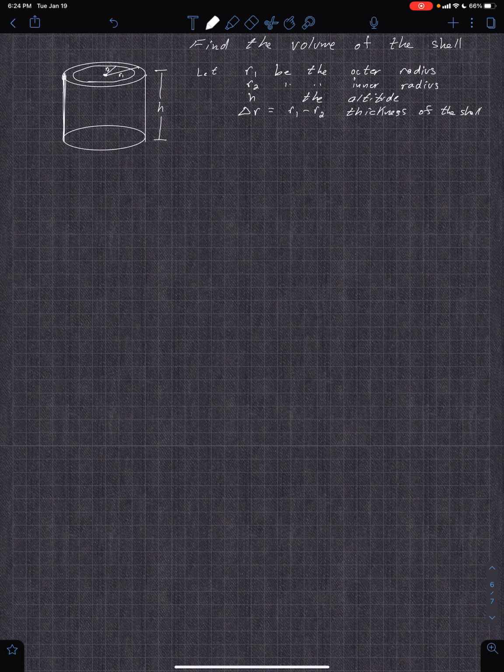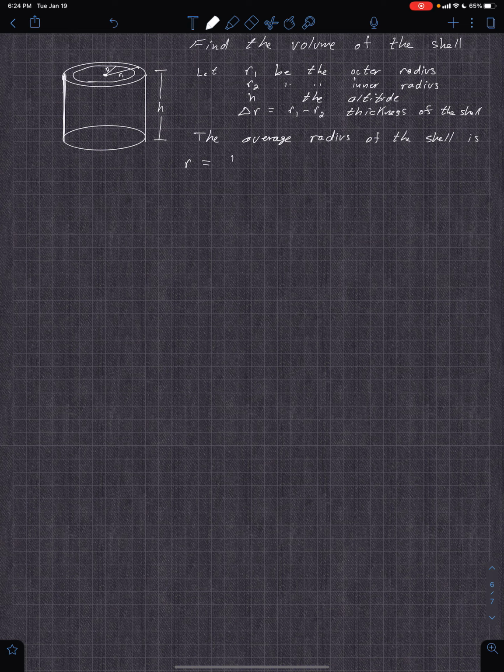Now, let's look at this concept. The average radius of the shell is basically you add up the two radii and divide by 2. So you're doing the average of it. So R, we're kind of defining what R is.